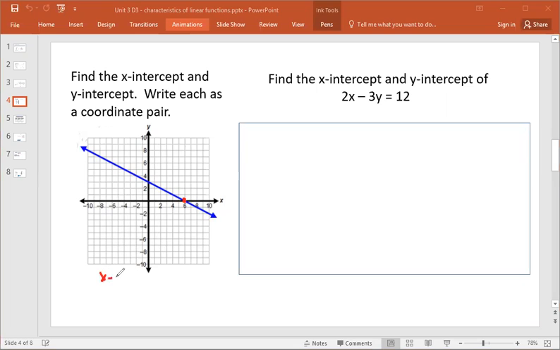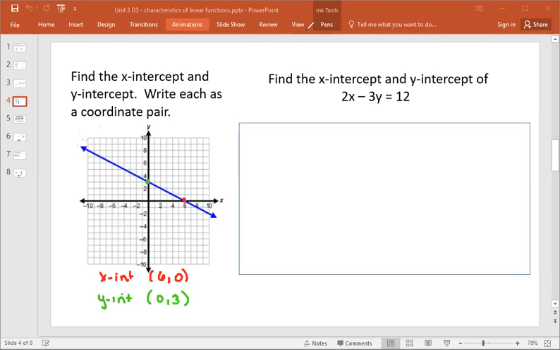So my x-intercept is at the ordered pair (6, 0), because it has an x value. And then my y-intercept, where it crosses the y-axis, is right here at 3. So my y-intercept is at (0, 3).